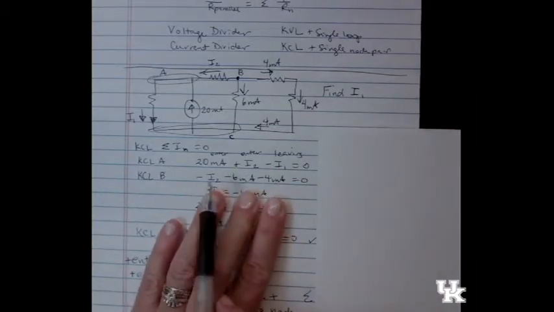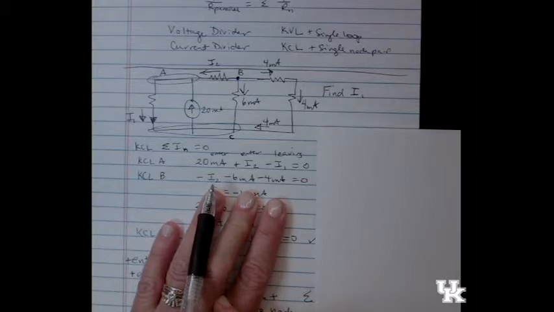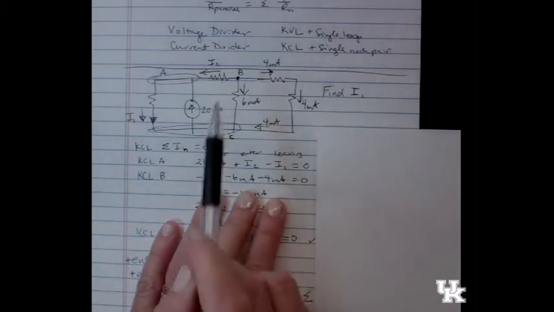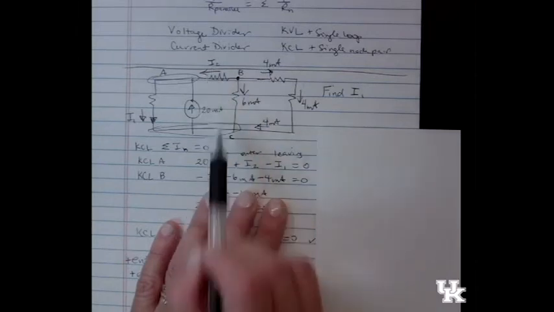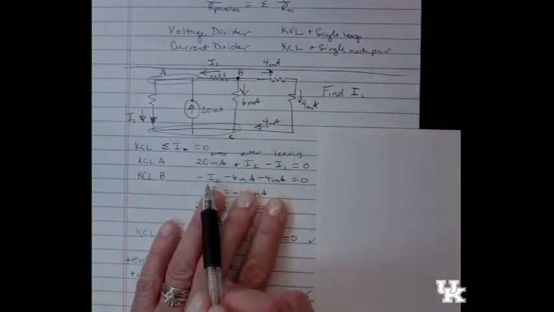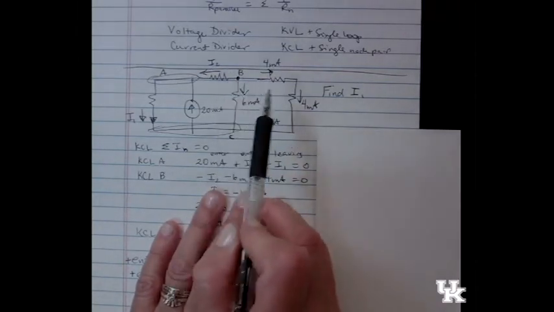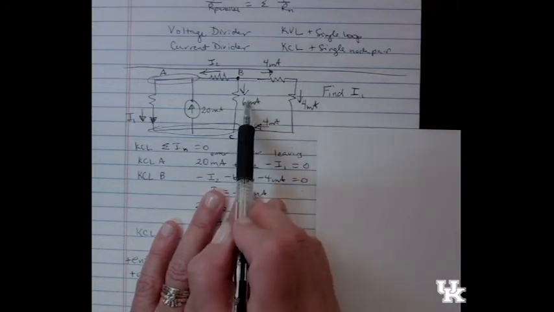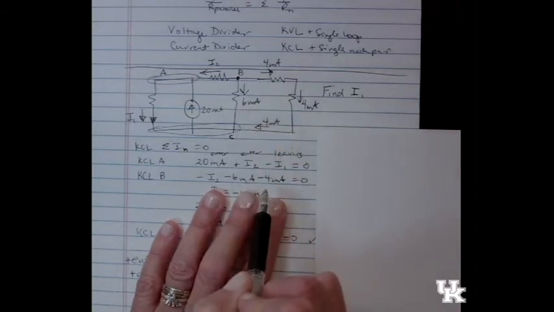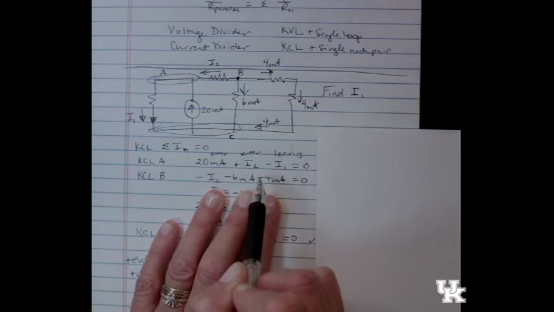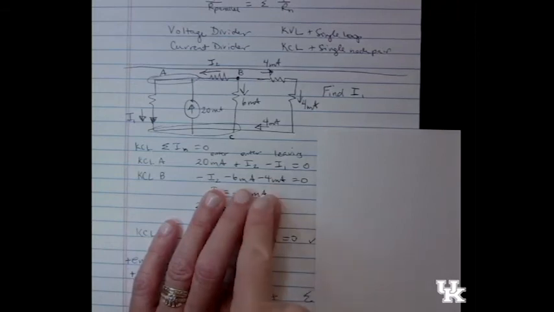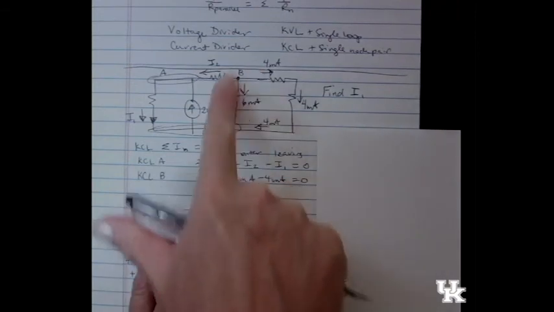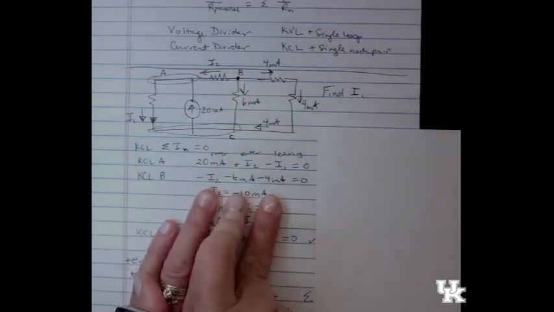I would look at this equation, and I would look at the picture, and I would say, well, this one says I2 is leaving, and they chose to make it negative. So I'm going to expect these others that are also leaving to also be negative signs. If one of them was a plus sign, that's where I would say, okay, there's a problem with the logic here. So I'm looking for these signs and these arrows to go together when I'm grading.